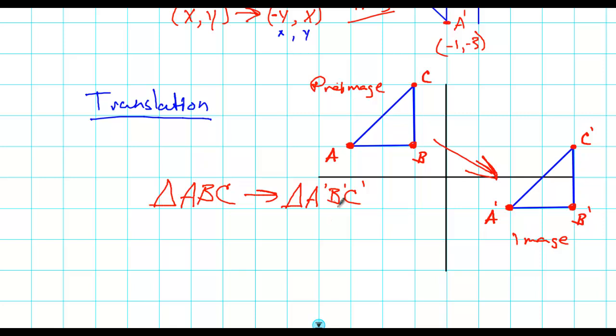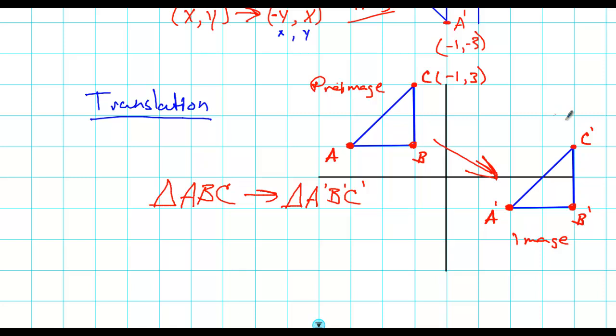And that's pretty basic. But we want to talk about what's going on with the points. And we've been kind of picking on point A a lot, so I'm going to move up here and use point C. And I want you to understand that it doesn't matter which point we talk about, the mapping or the rule is going to be the same regardless of which point we use. And that's how the shape maintains its exact shape no matter what we do to it, because we're doing the same thing to every single point.